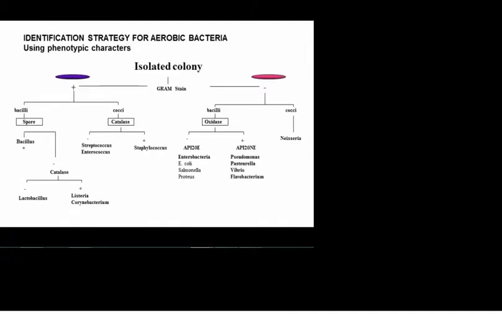So if you have these things, then you'll get an identification strategy, which can be summarized in an identification key. So you'll get a colony. The first thing you do is perform a gram stain and determine whether you've got gram positives or gram negatives.